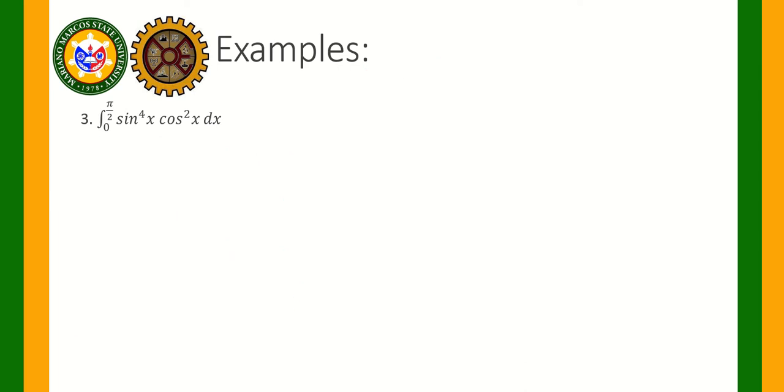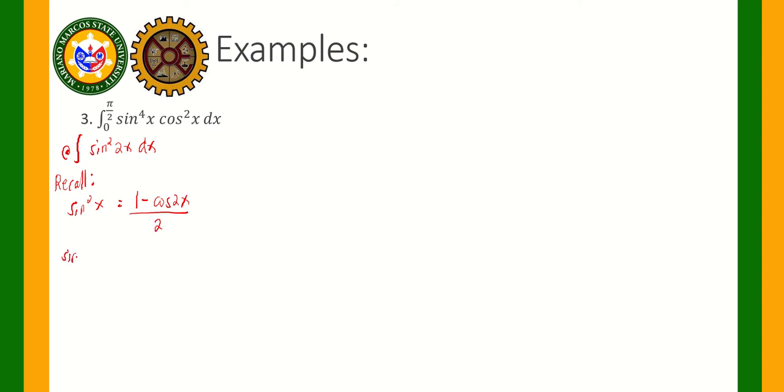Okay, so next slide. So, at the integral of sine squared 2x dx. Okay? So, this is equal to, recall muna natin yung mga identities natin. Recall that sine squared x is equal to 1 minus cosine 2x all over 2.